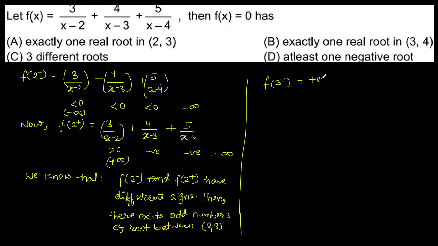First term is positive, second term is plus infinity, third term is negative, so it is infinity. f(3 minus) is positive, first term 3 upon 3 minus 2, which is 3, second term is minus infinity, third term is negative, overall minus infinity.